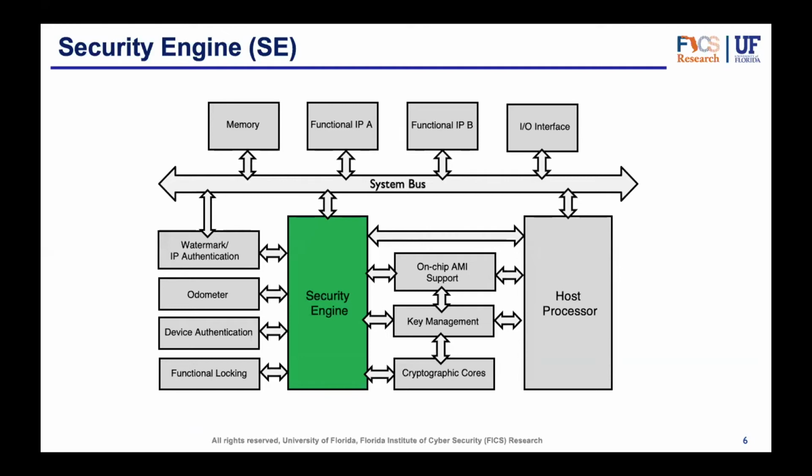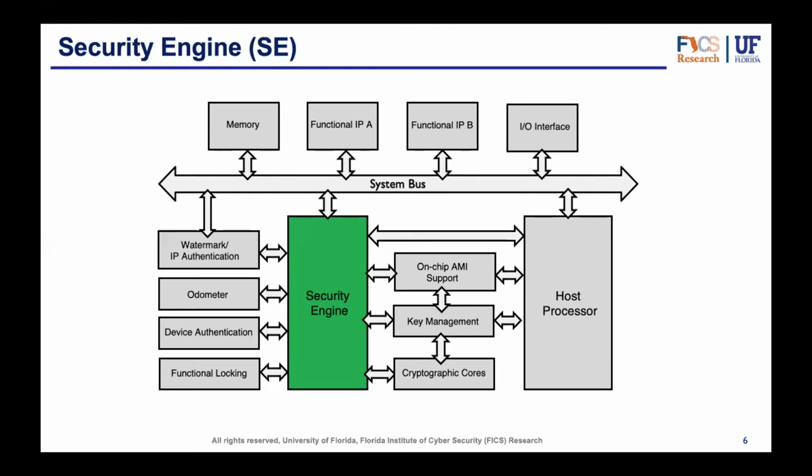So just to give you a bit of an example and deep dive into what we're trying to do, I'm going to talk about the security engine, but also some other topics very quickly. In terms of the security engine, the objective is to have this engine be part of the overall platform to communicate with different IPs, memory blocks, IO interfaces, MMUs, IO control units, as well as other security IPs.